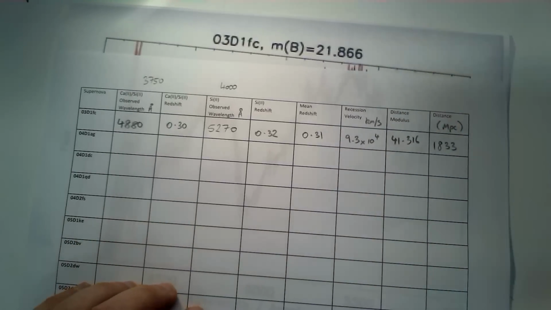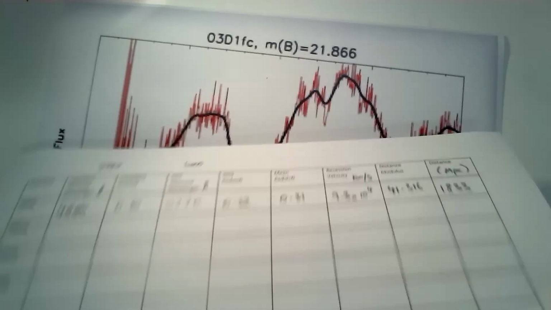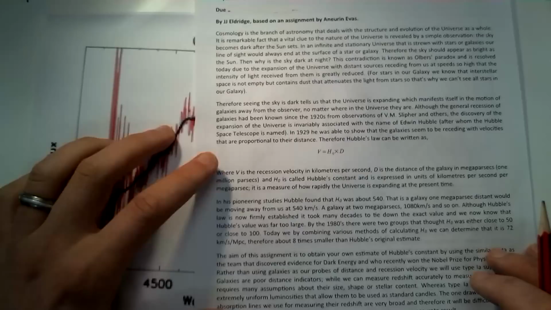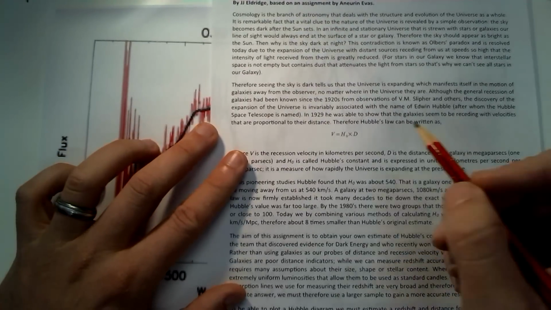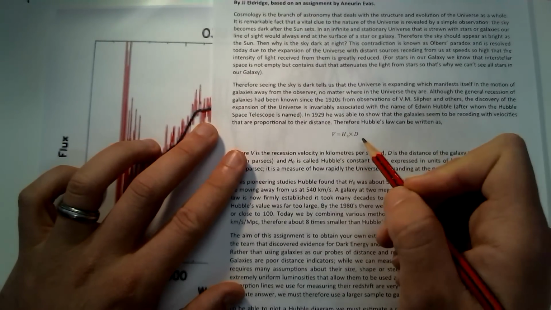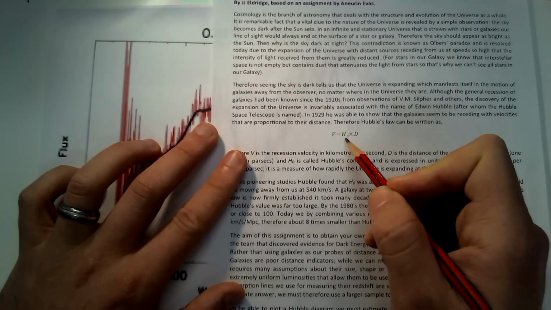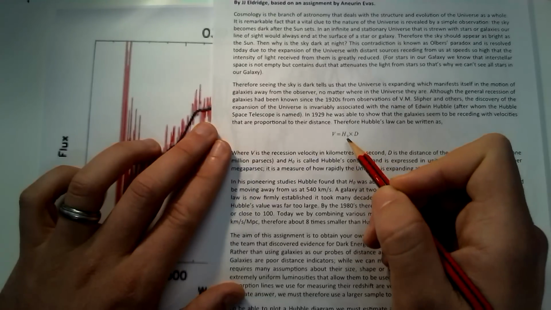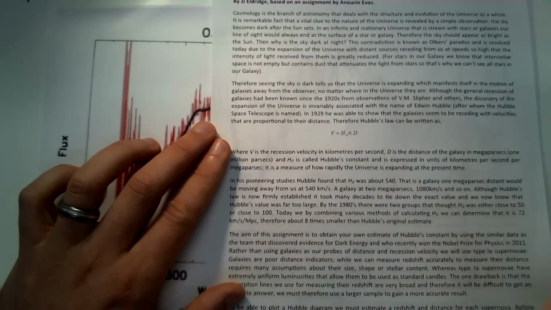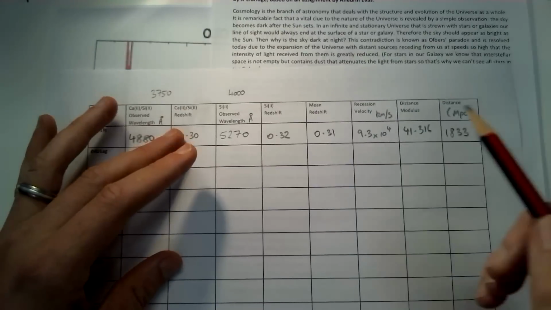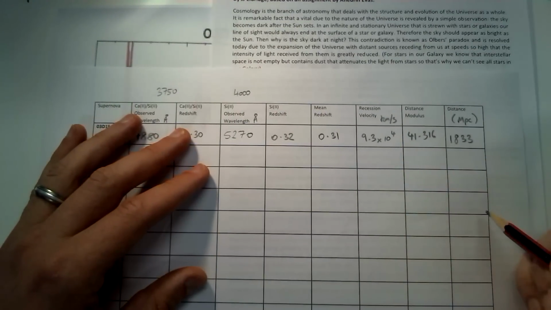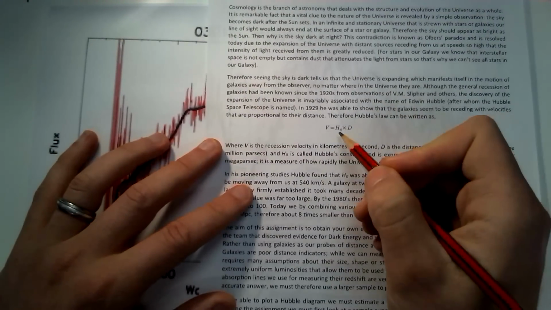By doing that, you'll be able to figure out the gradient of the velocity-distance graph, and that gradient is what you're after in this assignment. It's Hubble's parameter, Hubble's constant. So you take your recession velocities, plot them against distance, find the gradient of that line, and that gradient will be Hubble's constant.